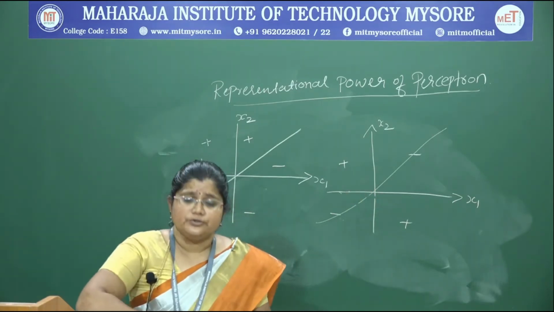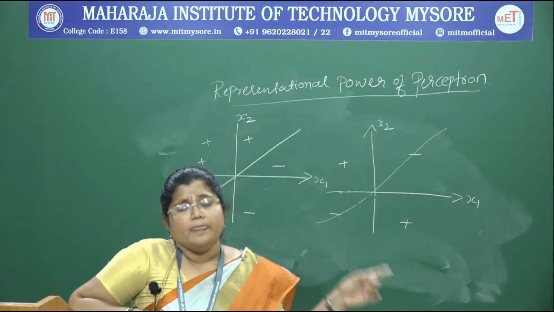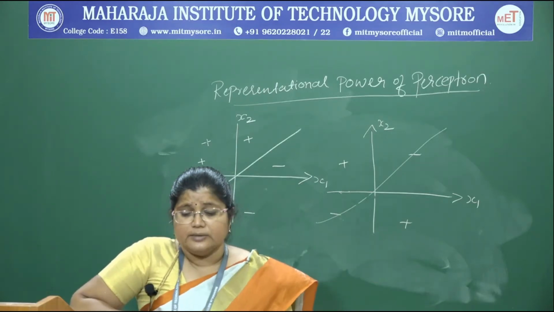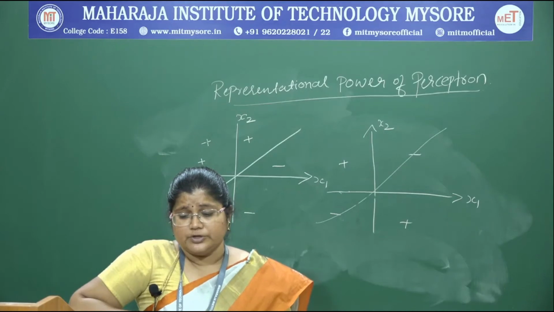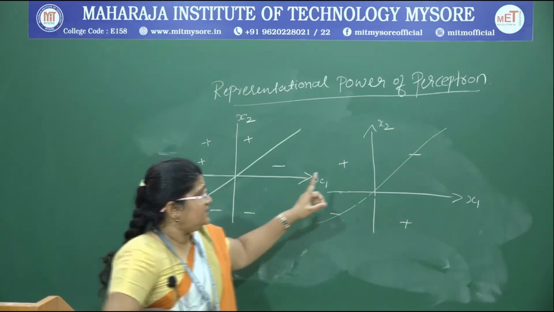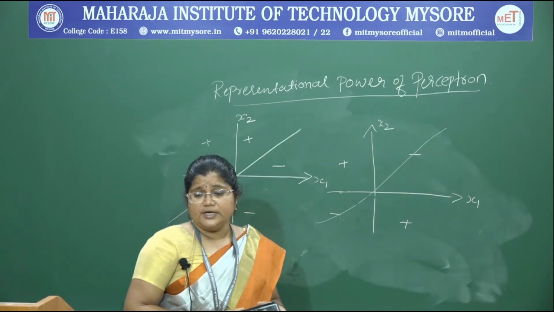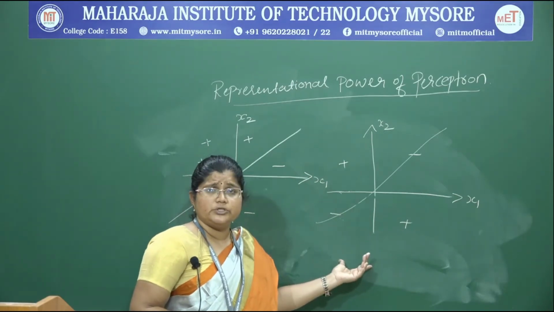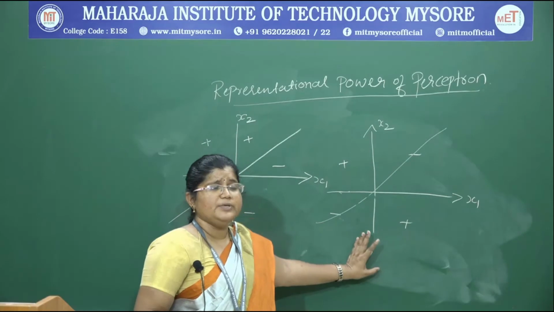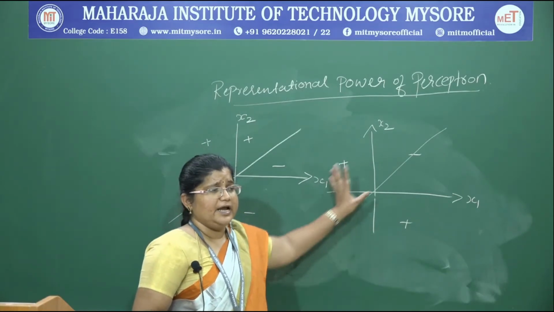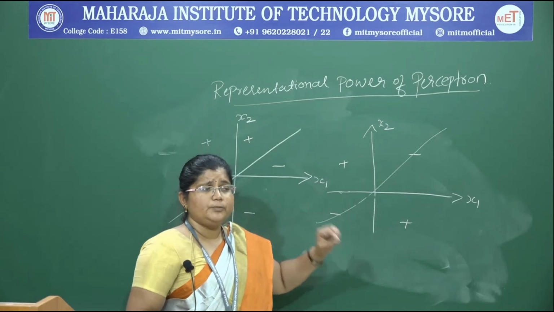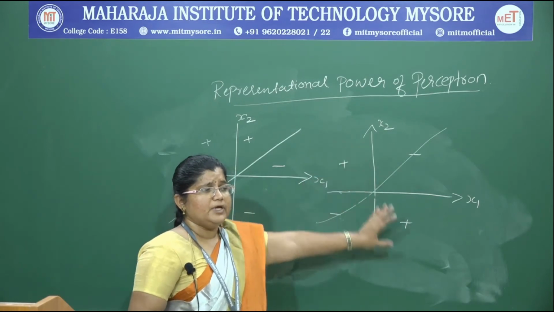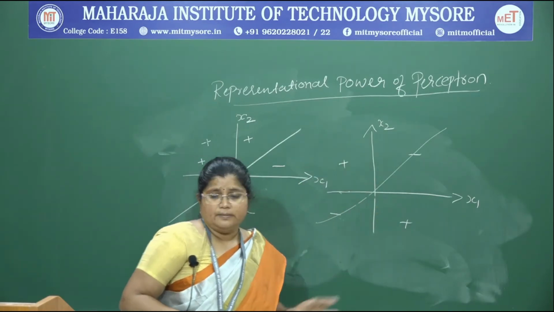So this diagram shows a set of training examples that is not linearly separable. X2 and X1 are the perceptron inputs. Here the positive examples are represented by plus and negative examples by minus. Based on these two inputs, multiple training examples are scattered over a hyperplane in an n-dimensional space, where the perceptron is not going to be able to separate the positive training examples from the negative training examples.